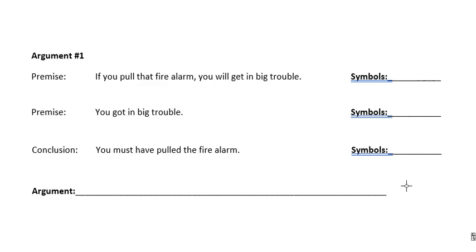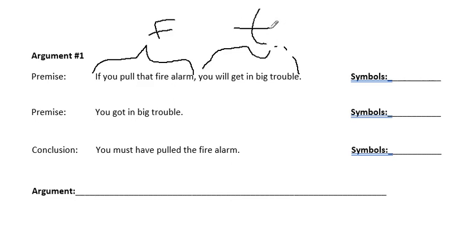So if we have an if-then conditional statement, the first part of the statement is, if you pull the fire alarm. We're going to let this part of the statement be represented by the letter F to indicate the statement if you pull the fire alarm. Then we'll let the second part of the statement be represented by T for you will get into trouble.